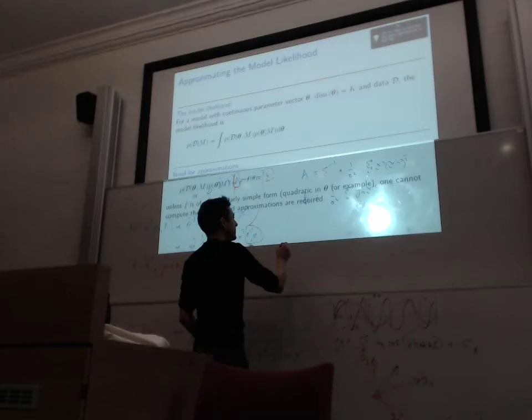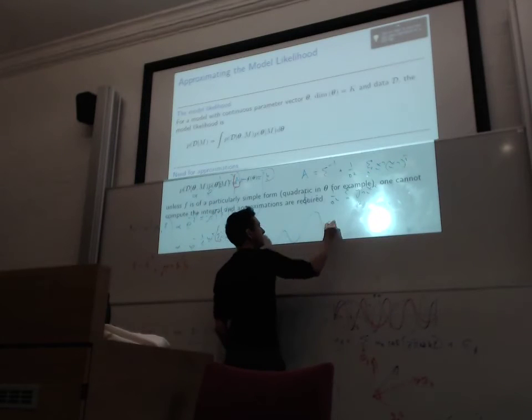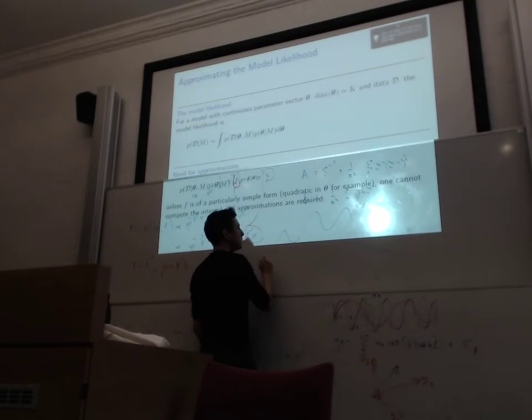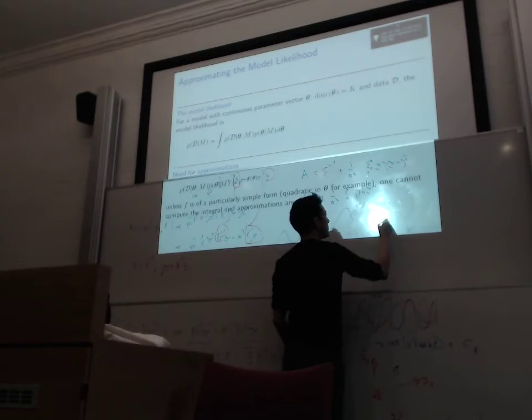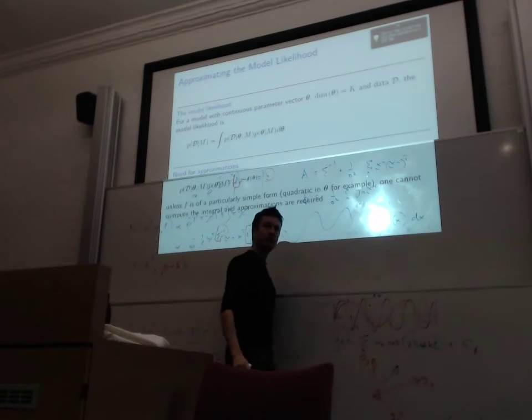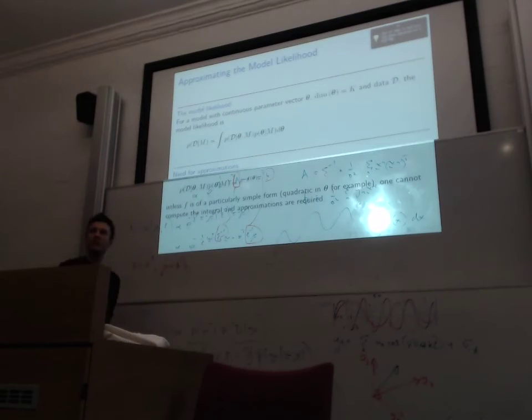So what I'm trying to say is that if you've got some integral of some function of x, and you want to compute the integral of this function, and it's not one of the known analytic classes, how do you compute that?